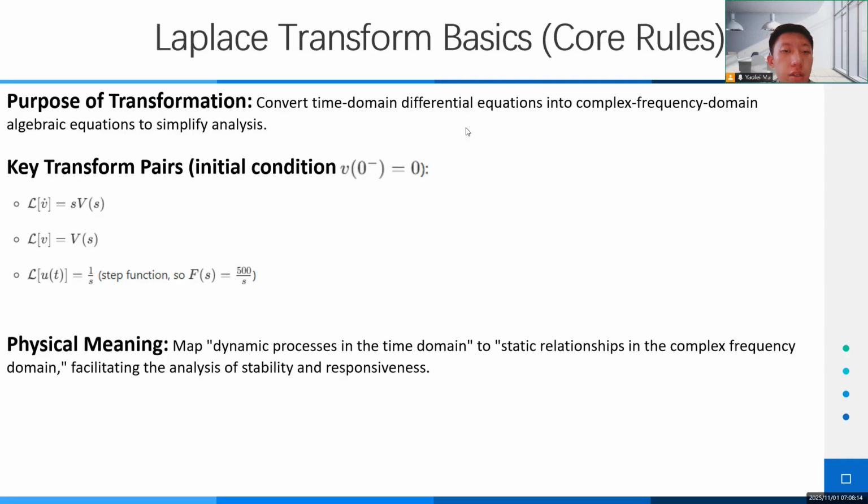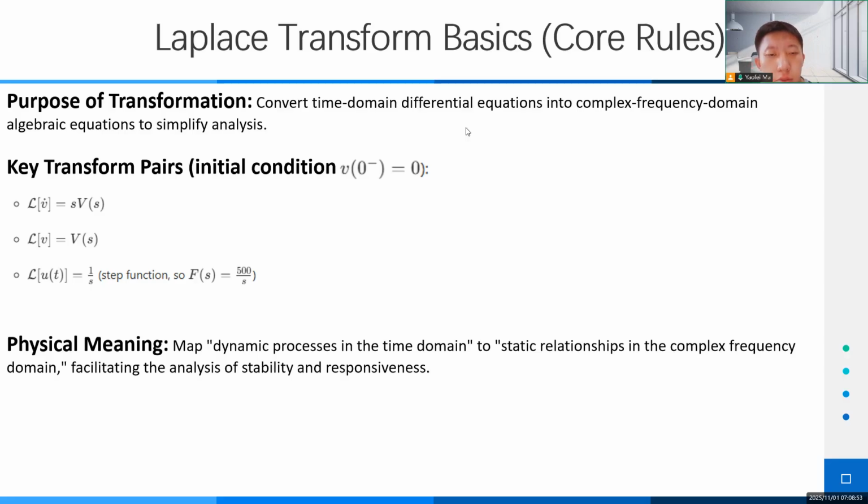First, the Laplace transform of a derivative, where V is the Laplace transform of velocity. The Laplace transform of velocity is just V. Third, if the input force is a step function, its Laplace transform F(s) is 500/s.